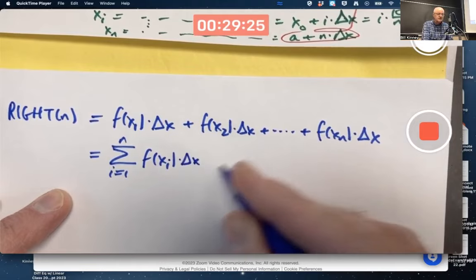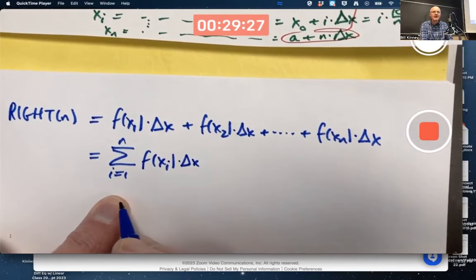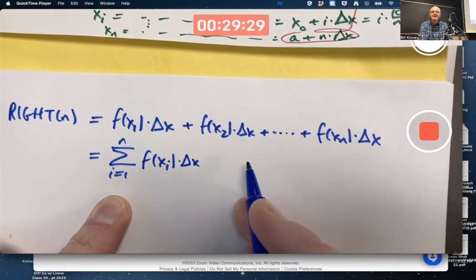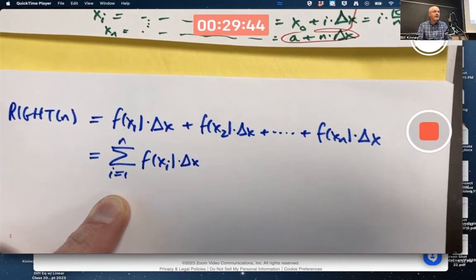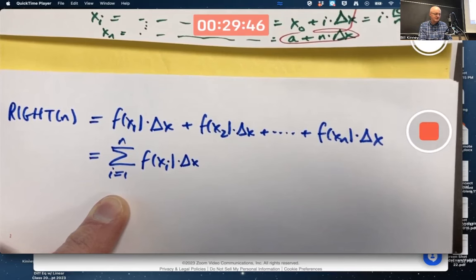It's understood that these two things are equal to each other. This is just shorthand notation for that, just a little quicker to write. Summation notation is hard for people to get used to typically. It's something to work at. It is convenient for programming Mathematica, as we will see.